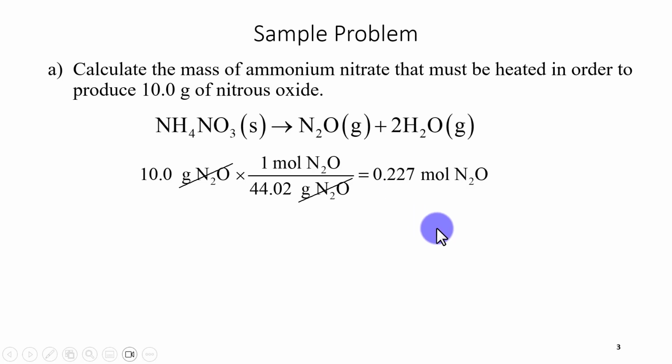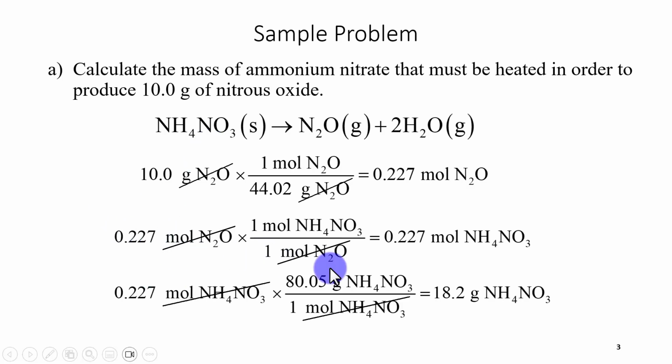Now that I have the moles of N2O, I can figure out how many moles of ammonium nitrate I start with, because I have the balanced chemical reaction that relates moles of one compound to moles of another. Note that it's a 1-to-1 ratio, which tells me that whatever amount I start with for N2O, that's going to be the same amount of ammonium nitrate.